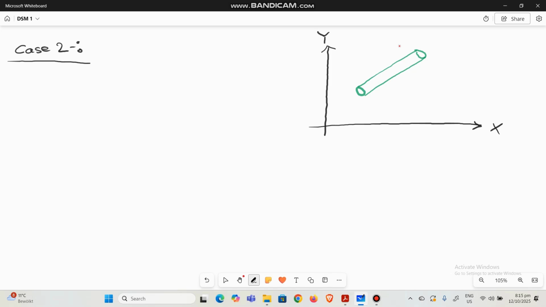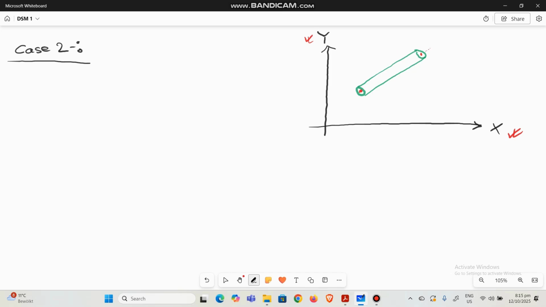Let's say this is node 1 and this is node 2. I didn't write it because there are lots of things to write here; it would be a mess. So this is our global system, X and Y, but our element is not aligned perfectly to the global coordinate system. So this element will have its own coordinate system, which is our local coordinate system, that's what I was talking about in earlier videos.